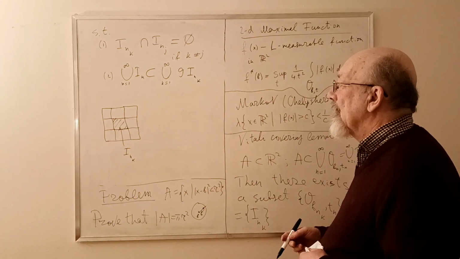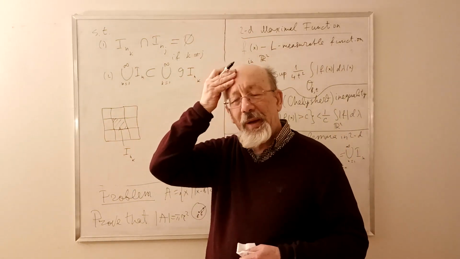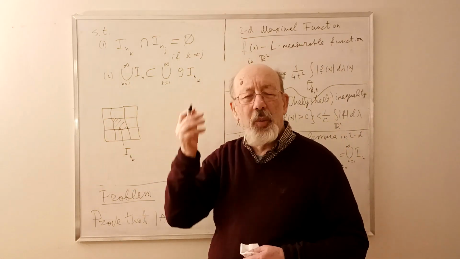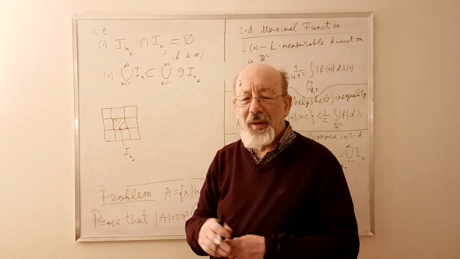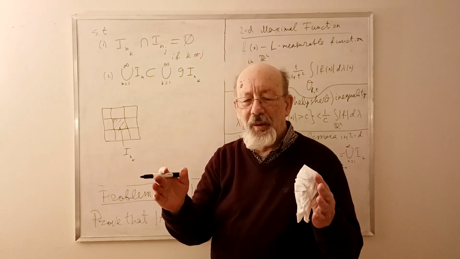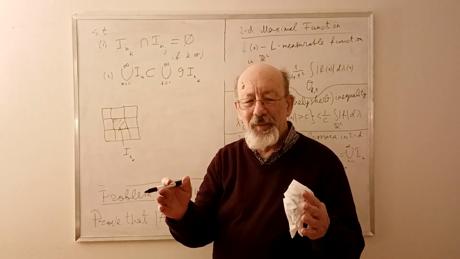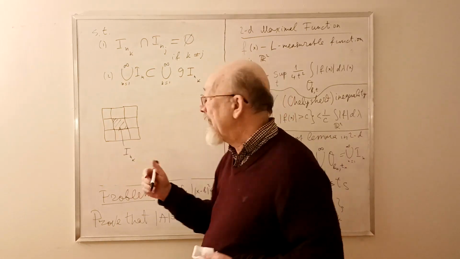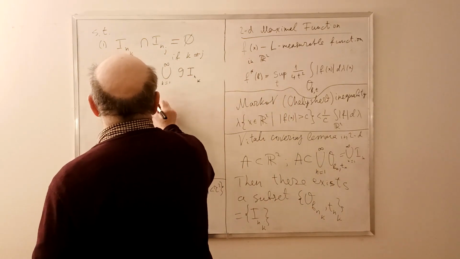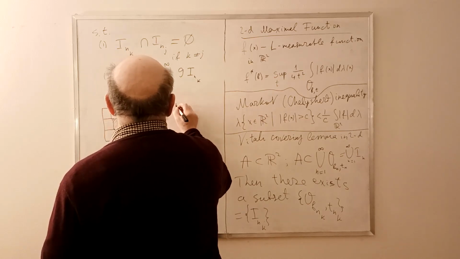Then all these squares have a side not more than 1. Consider the largest square. Now consider the next square. So In1 equals I1.